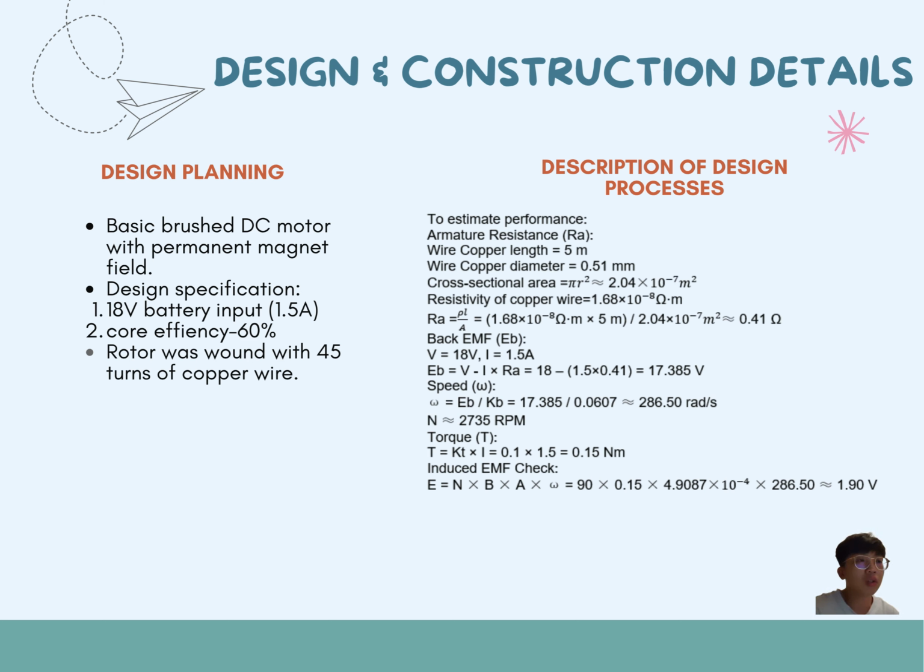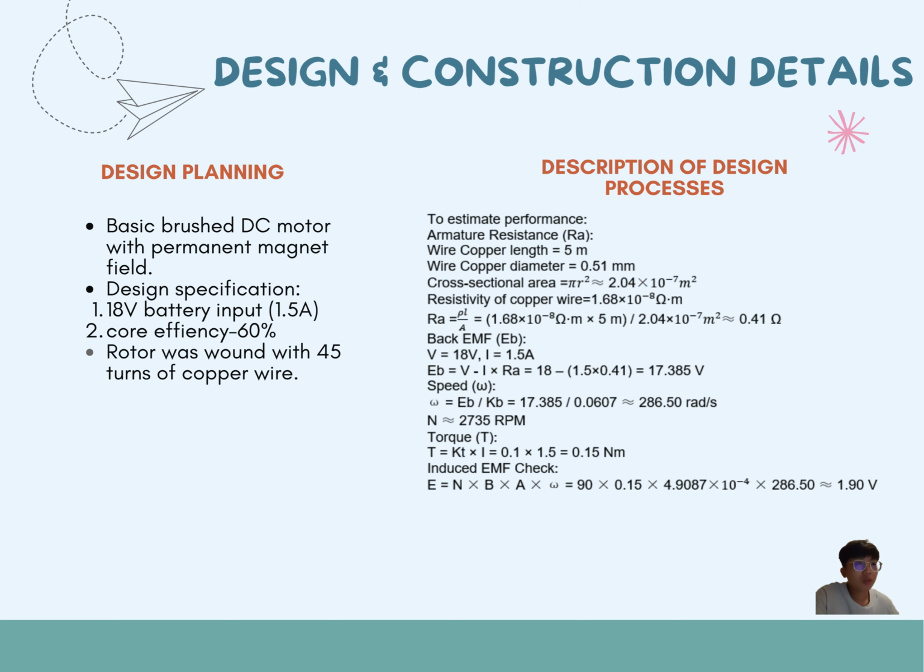So we need to calculate RA. We can use R equals rho L over A. So we get the value of RA is about 0.41 ohm. And we can find the back EMF with the formula V minus I times RA, which is about 17.385.